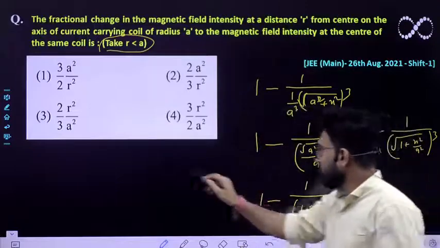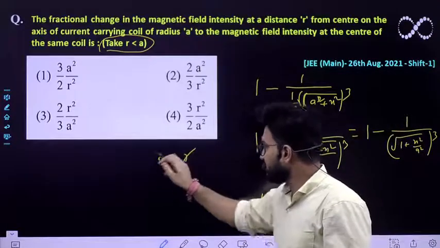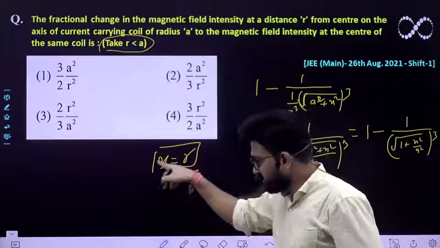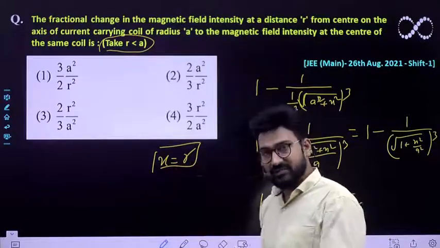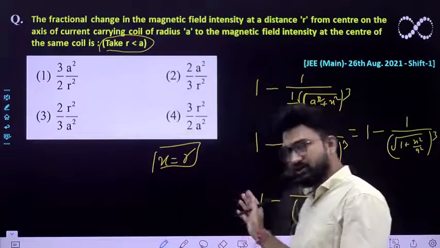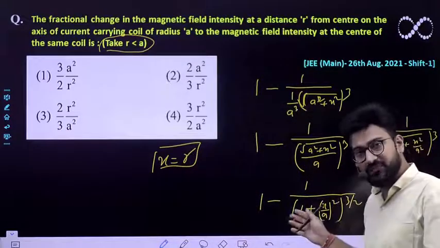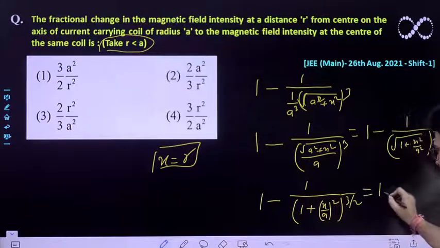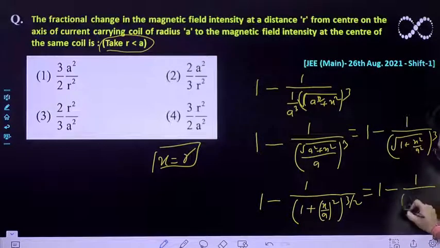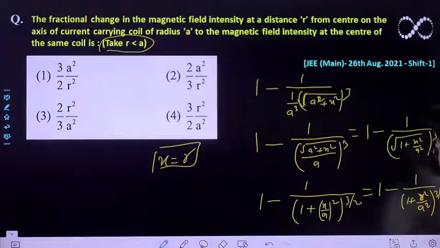So this axial point we have taken as r, and in the expression we have taken the axial point from the center as x. So you can put the value of x over here so that we can easily solve the expression again. So this is nothing but 1 minus 1 upon 1 plus x square, where x square can be written as r square by a square, power 3 by 2.